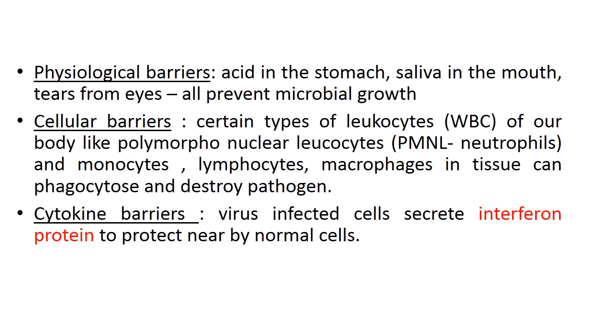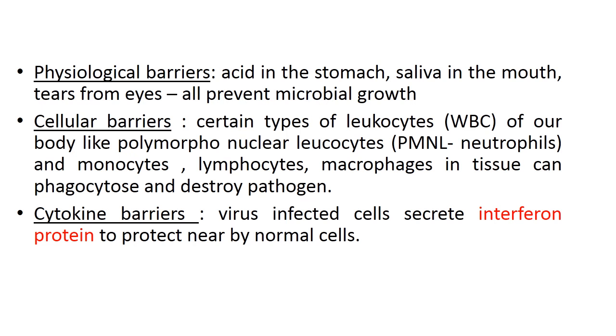The formation of antibodies in the blood takes place by lymphocytic cells, so they are called natural killers. Then one more is macrophages. Macrophages are one of the largest WBCs in the body. They destroy most pathogens by a specialized mechanism called phagocytosis. Phagocytosis is nothing but cell eating. It will engulf the pathogen and destroy it.